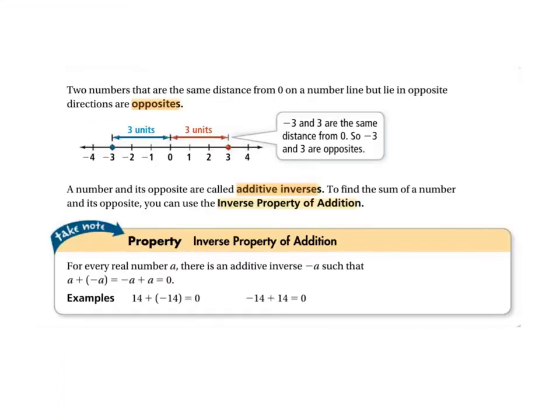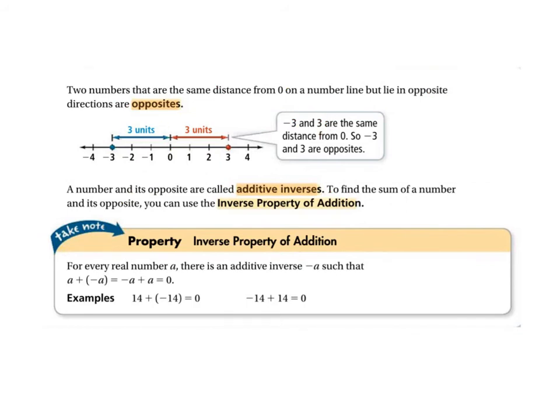Next thing we'll do is talk about the idea of opposites, which you should know. Two numbers that are the same distance from 0 on the number line but lie in opposite directions are opposites. 3 and negative 3 are both 3 units from 0, but they're in the opposite direction. So 3 and negative 3 are opposites. A number and its opposite are called additive inverses. If you add these two numbers together, you get 0.